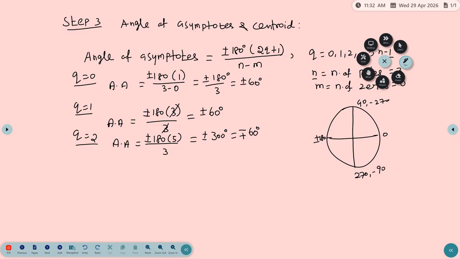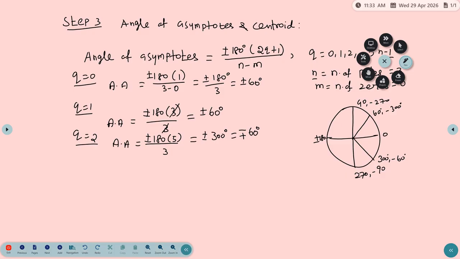Here, if you consider this particular point, this is actually 60 degree in positive and minus 300 degree in negative. Similarly, this particular point is 300 degree in positive and minus 60 degree in negative. So that we are writing here. So this is about the angle of asymptotes. We have 3 angles of asymptotes, so those things are over.